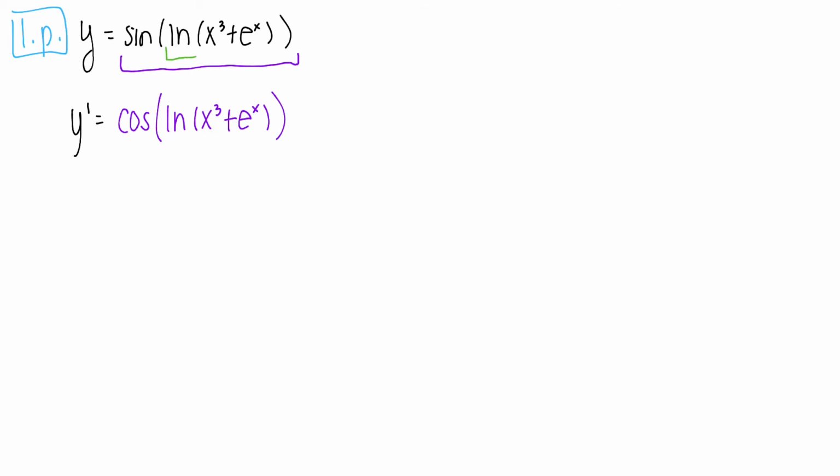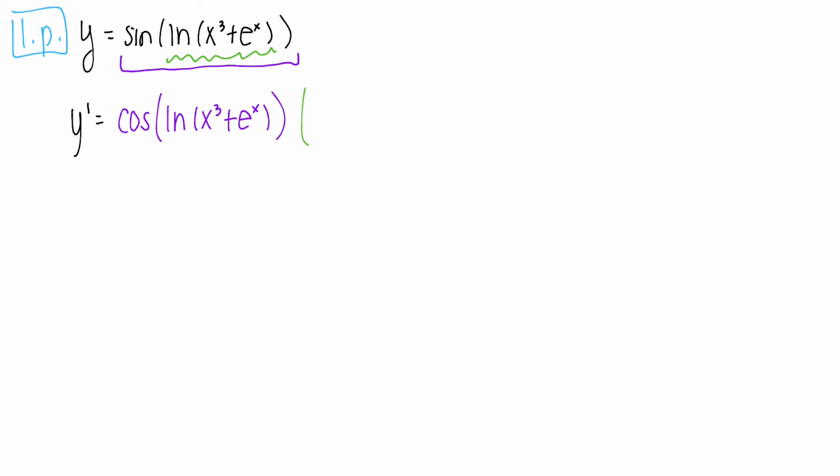Next layer is ln. And the nice thing with ln is we already take care of chain rule, so we don't really have to do 3 layers here, because we take care of chain rule by doing the derivative of the inside over the inside.